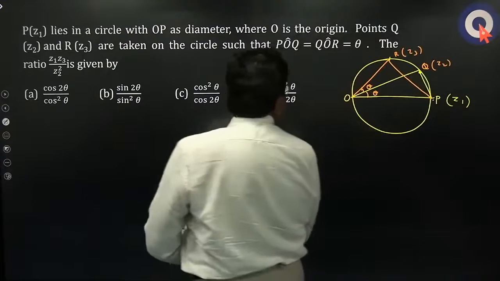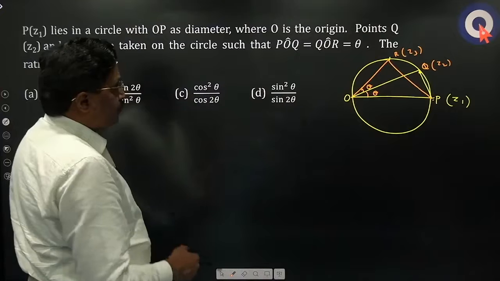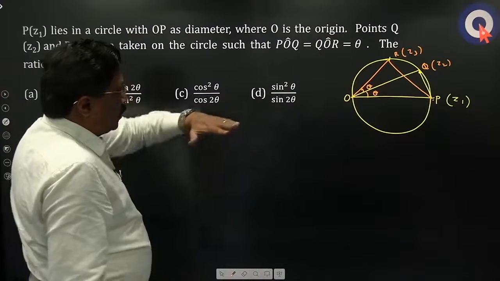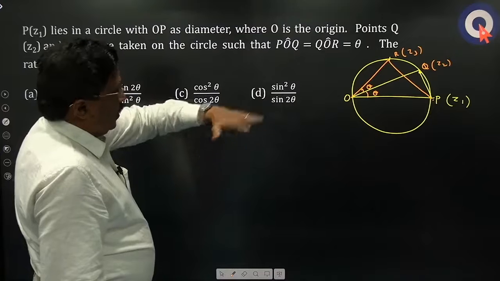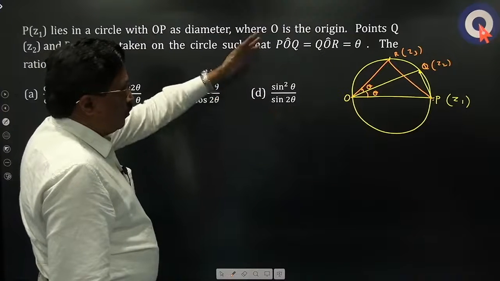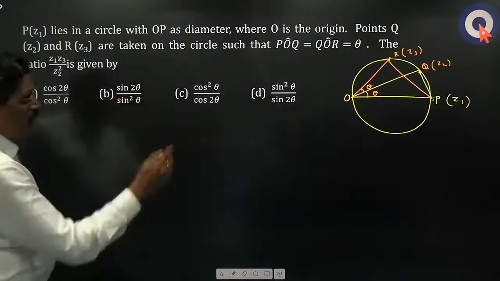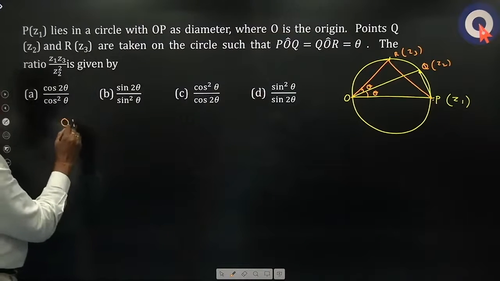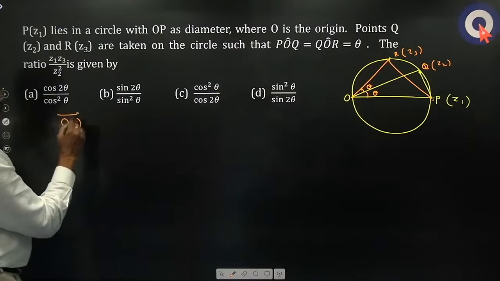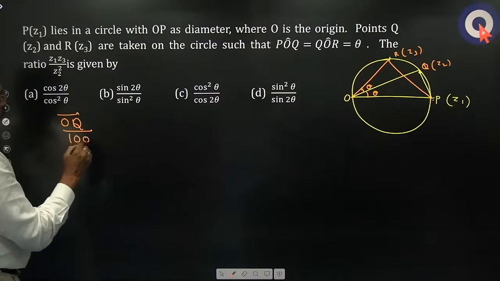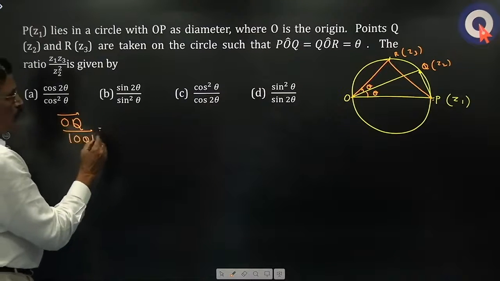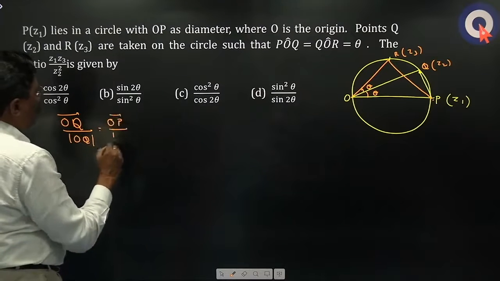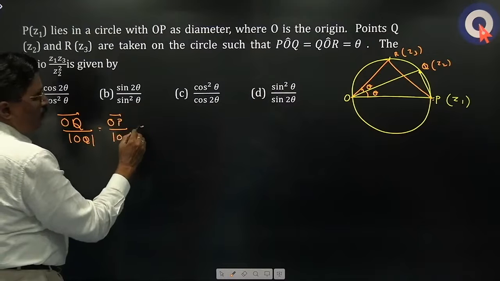We'll use the rotation concept. So here the vector OP is rotated in the anticlockwise sense to make it coincide with OQ. So the final position is OQ. The final position in the unimodular form is equal to the initial vector in the unimodular form into e power i theta.